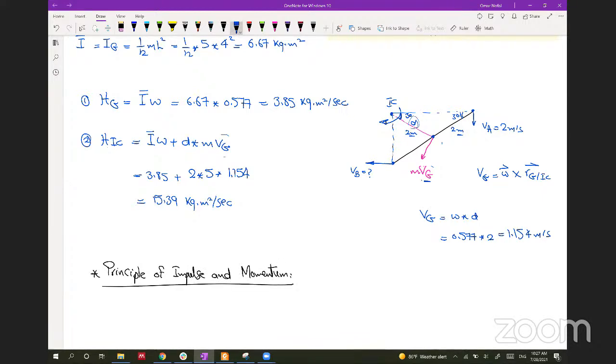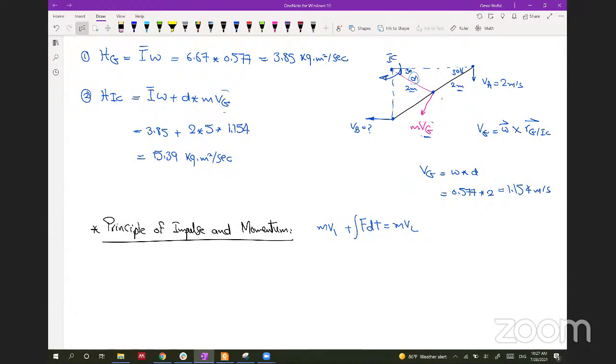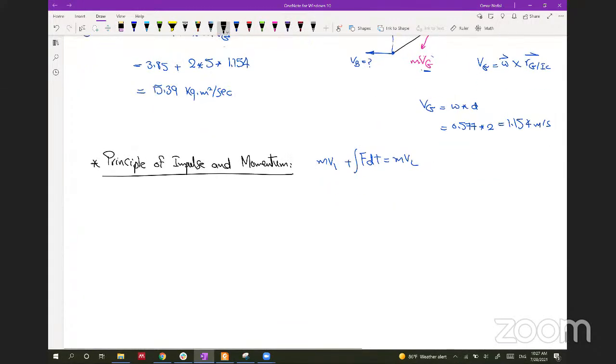Actually, we talked about this before when we had mv1 plus the integration of F dt is equal to mv2. We did this for particles, but let's do it for rigid bodies. So let's draw 3 rigid bodies here.